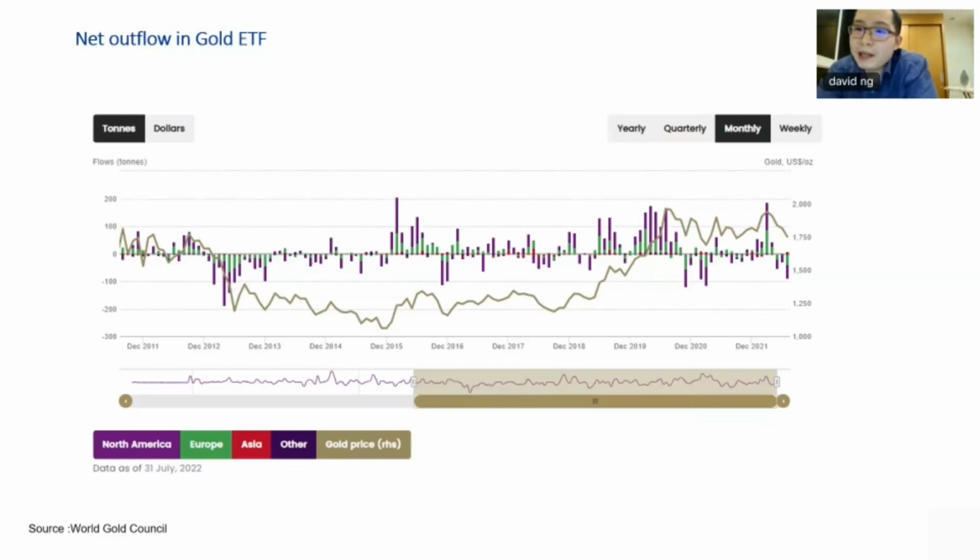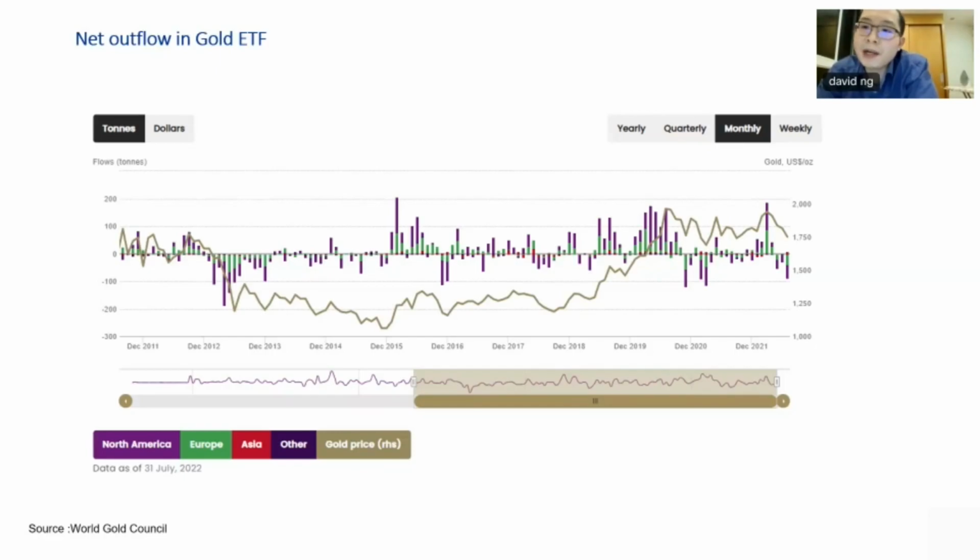Partly, I think we pretty much need to get a little bit of understanding of what the reasons are that actually cause the outflows away from the gold market. That could be attributed to several reasons, so I think it's important for us to understand what those reasons are in order to make a better judgment. With that, I think it's easy to see that right now, at least for the past couple of months, we are seeing a lot of outflows.